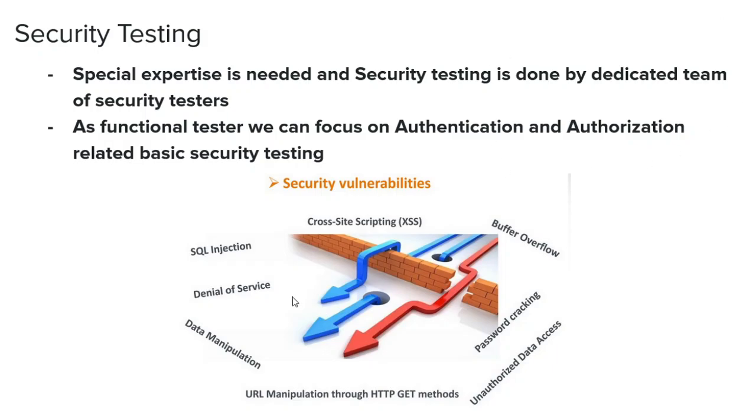So these are basically different types of security attacks which can happen on the software, and security testers will verify with different types of tools and techniques that our application is foolproof against these types of attacks. Now that is done by dedicated security testers. But as a functional tester, we can perform basic testing of security, for example authentication and authorization related testing.